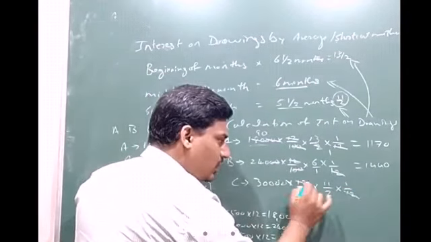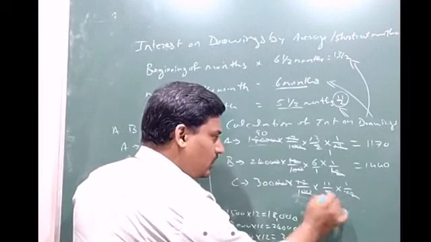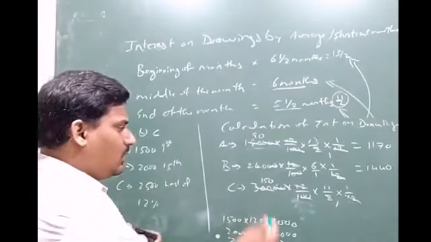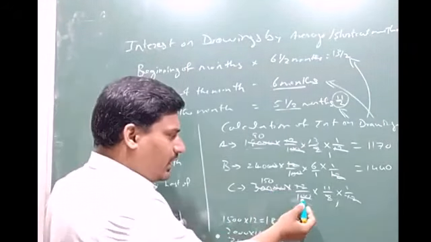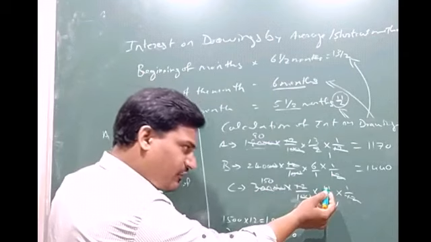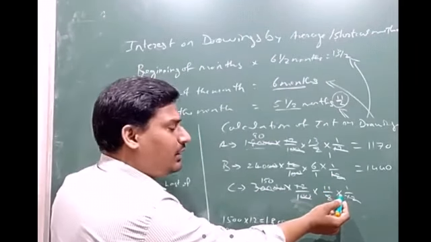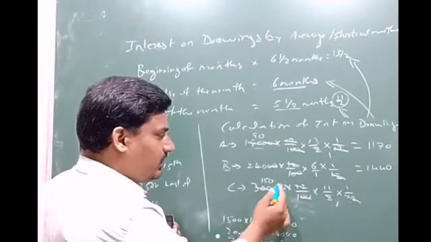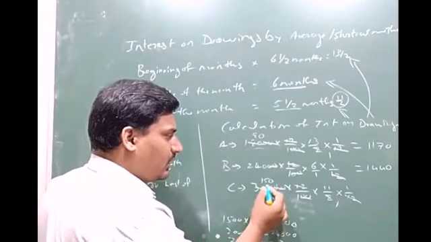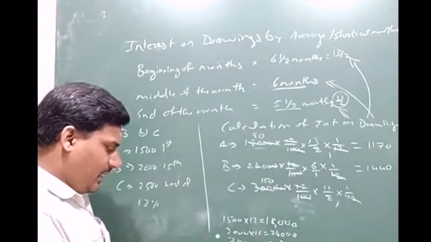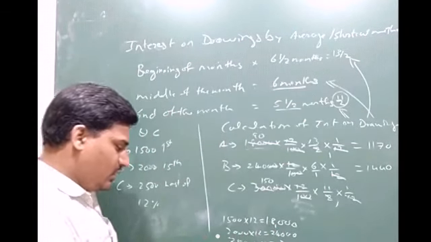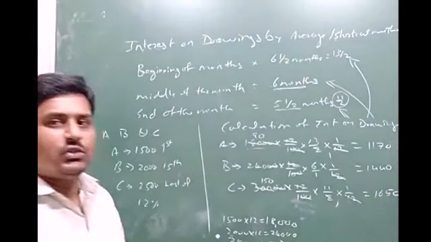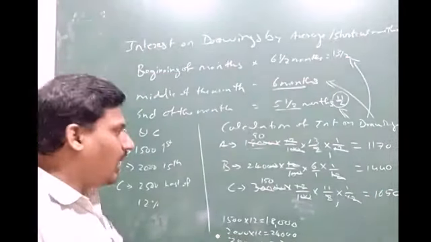So 12 gets cancelled, 0 gone, 2 ones are 2, 150s are. So 150 into 11 is equal to 1650.